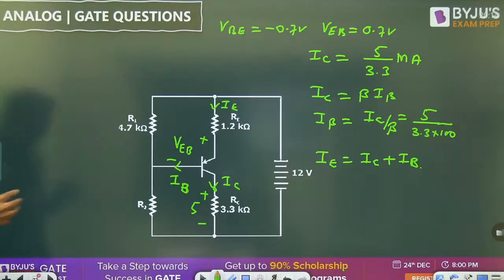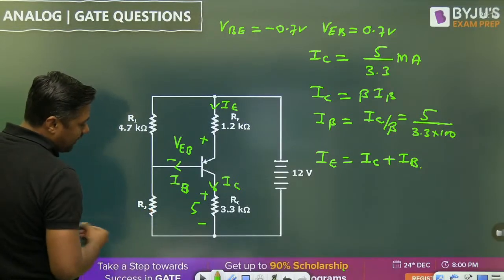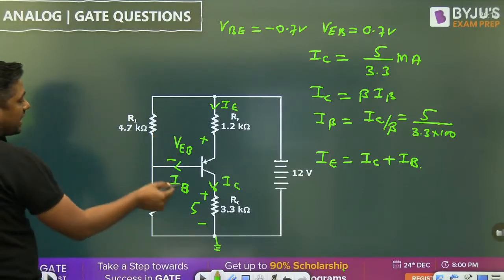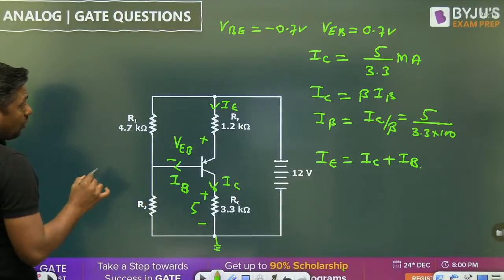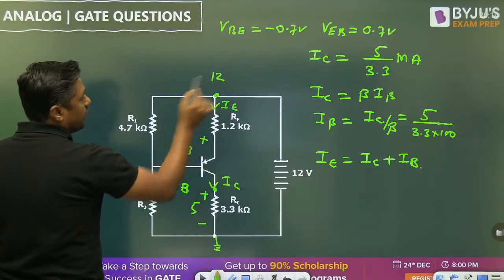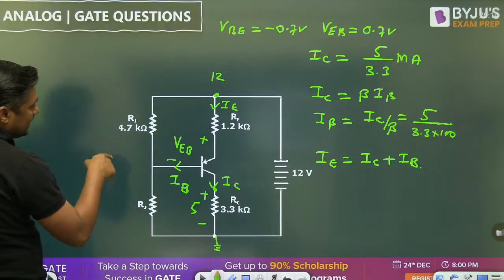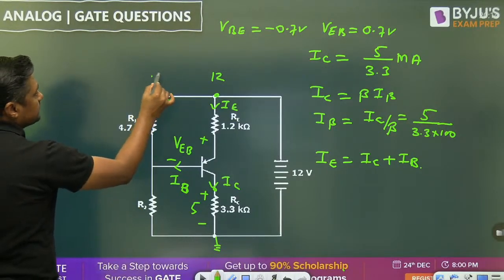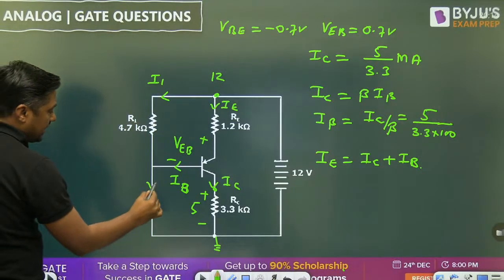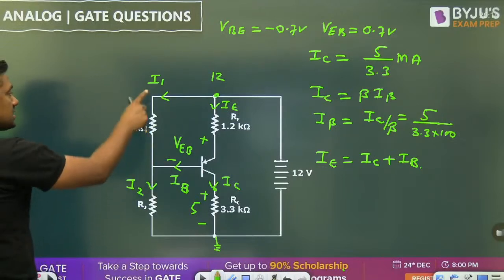Okay. How are we going to find the R2? That is our purpose. So how are we going to get the value of R2? Remember, this is connected to ground. Now we have IE, IB and IC. Now what is the voltage at this terminal? The voltage at this terminal is 12 volt. If you want to find R2, then what is the current here? Let this current be I1. Let this current be I2. So I2 is nothing but IB plus I1.